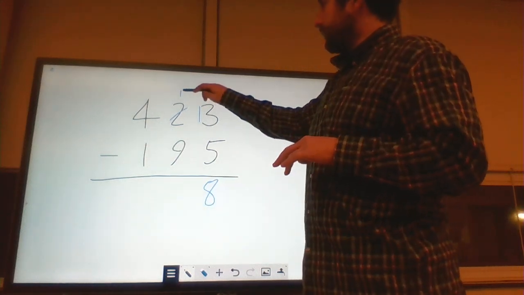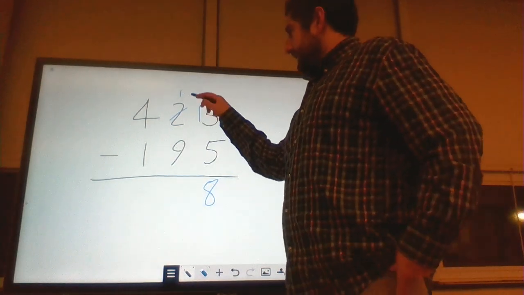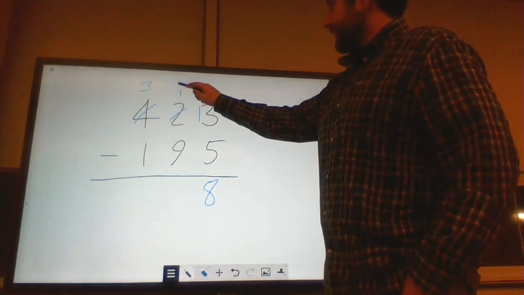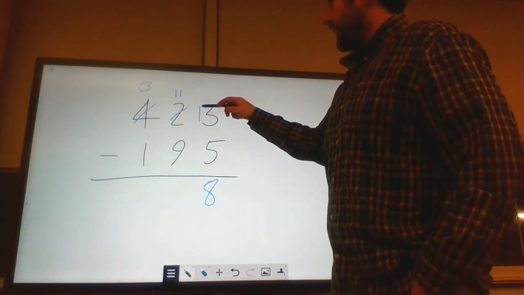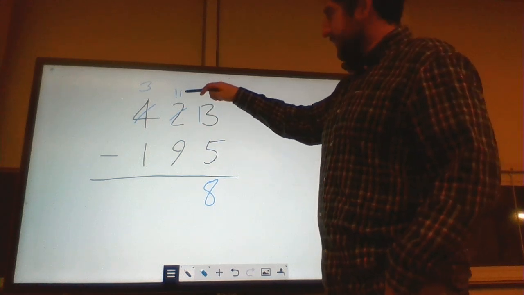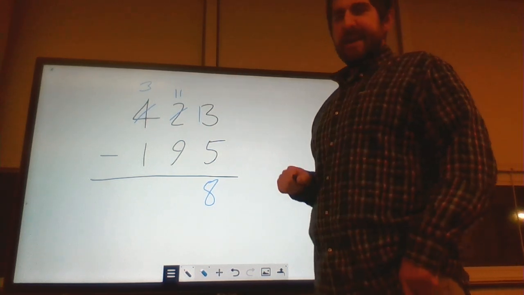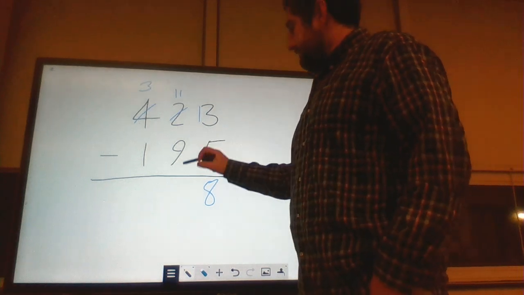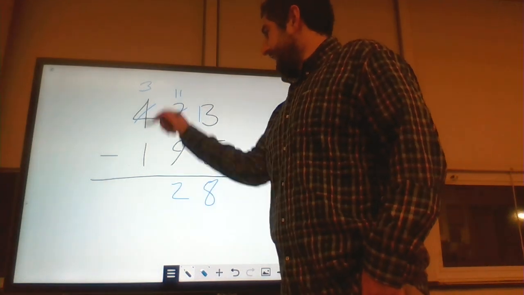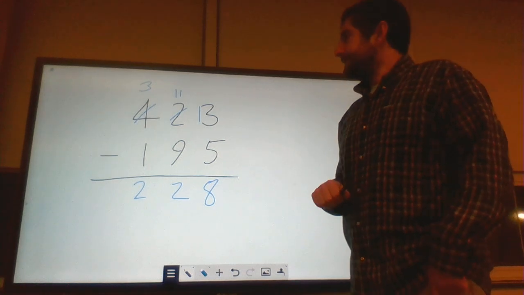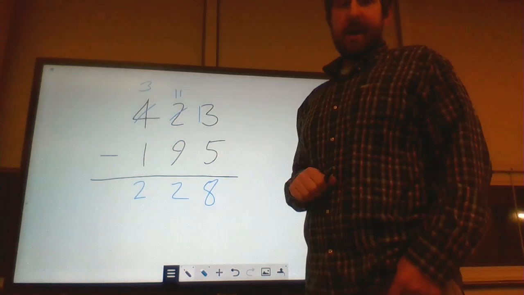And then, of course, this 1 now, we got to borrow again from the next one. And we're going to stick a 1 next to this one. Not next to the 2, mind you, because it's already been turned into a 1 from the borrowing from prior. So this is now an 11. So 11 minus 9, that gets us 2, and then 3 minus 1, that gets us another 2, and we get 228.